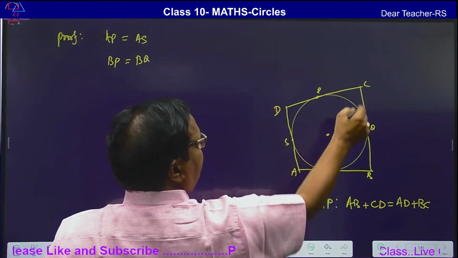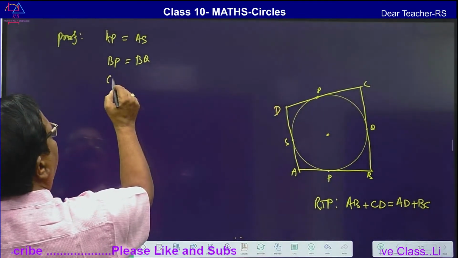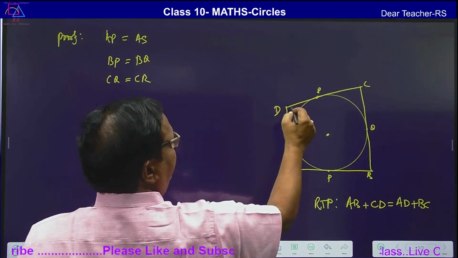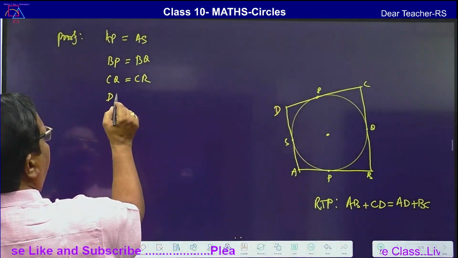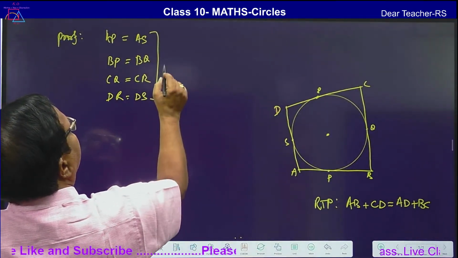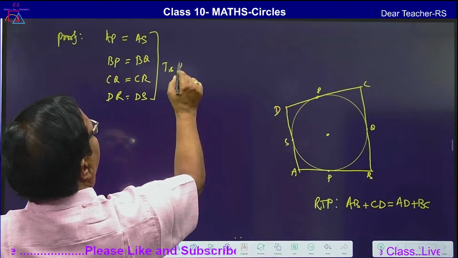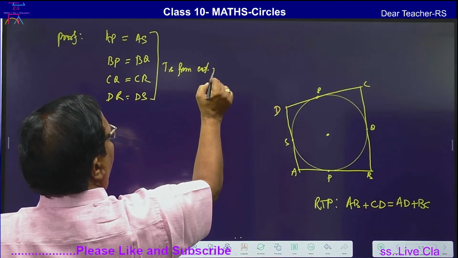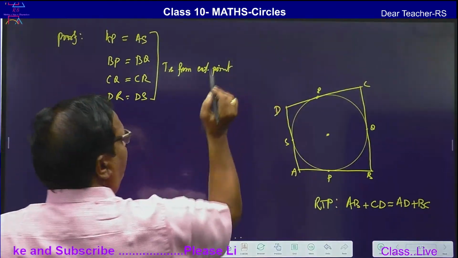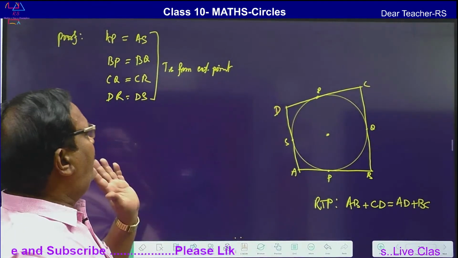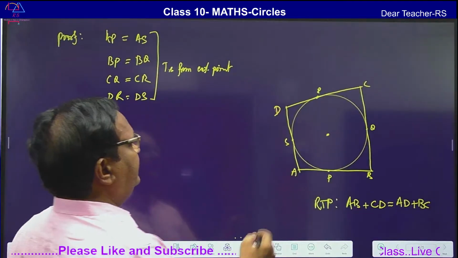And CQ is equal to CR, and DR is equal to DS. So for all these things, tangents from external point, they are always equal. Okay, so here this is R.